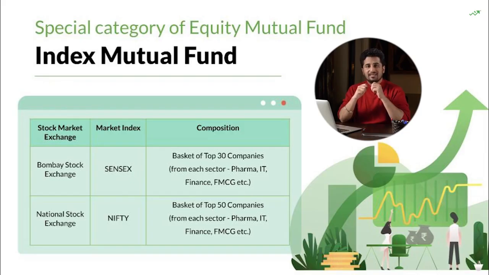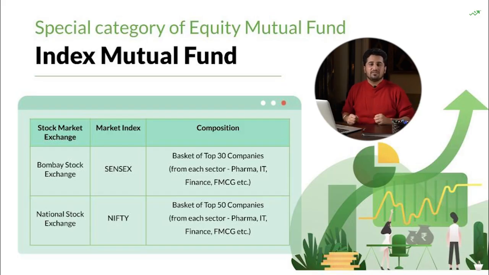Now, what is Sensex? From all the companies that are there in the Bombay Stock Exchange, the top 30 companies from each of these sectors, could be pharmaceutical, could be information technology, could be finance, could be FMCG. The top 30 companies form together the Sensex.